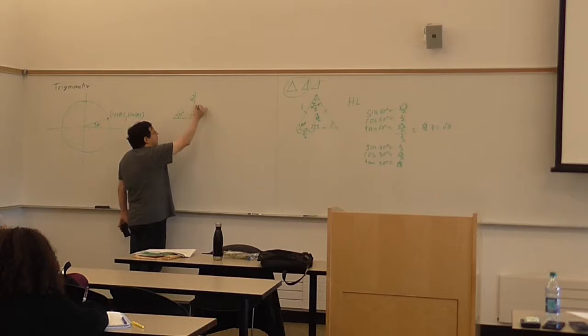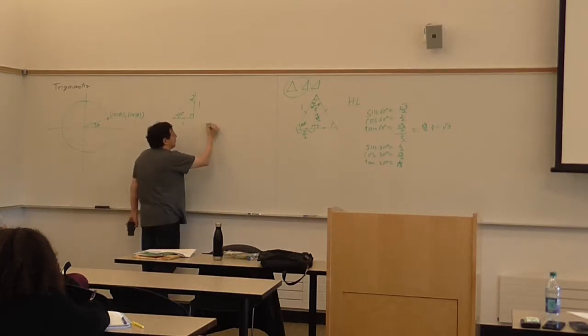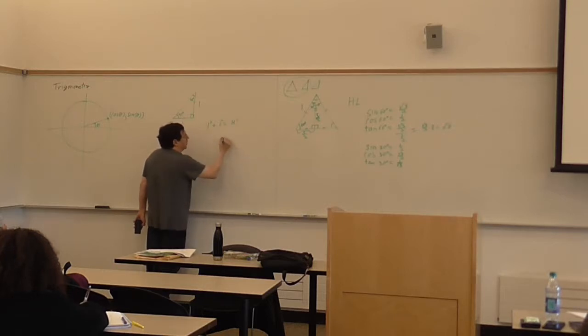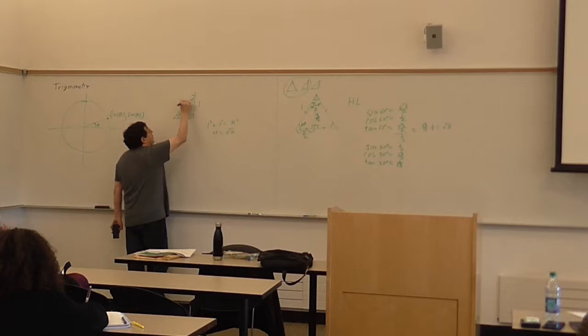If we just assign some value to one of the legs, say 1, we can again use the Pythagorean theorem. We'll know 1 squared plus 1 squared is the hypotenuse squared.